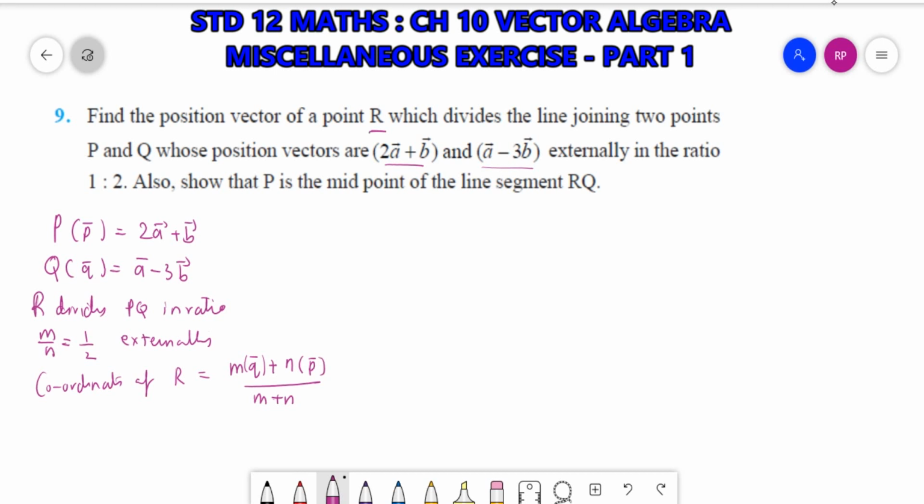Now, as it divides externally, I will take this ratio as minus 1 by 2, or else I can take m equal to plus 1, n equal to minus 2.